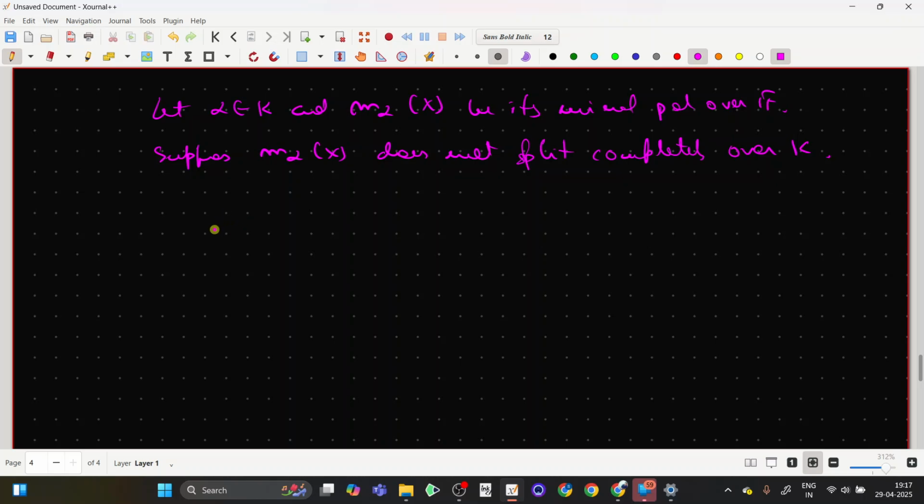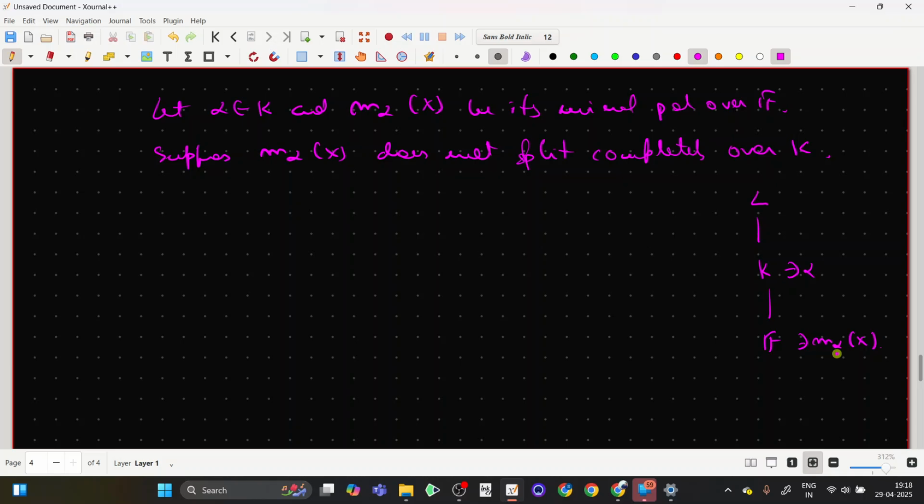Yeah. So what we want to prove now is that, suppose the minimal polynomial does not split completely over K. Now what we have in our hand is something which is important. So let me draw the structure first. So I have L, and I've chosen alpha from K, and this is F, so I am choosing the minimal polynomial of alpha over F. What we know is that alpha is a root of its minimal polynomial.